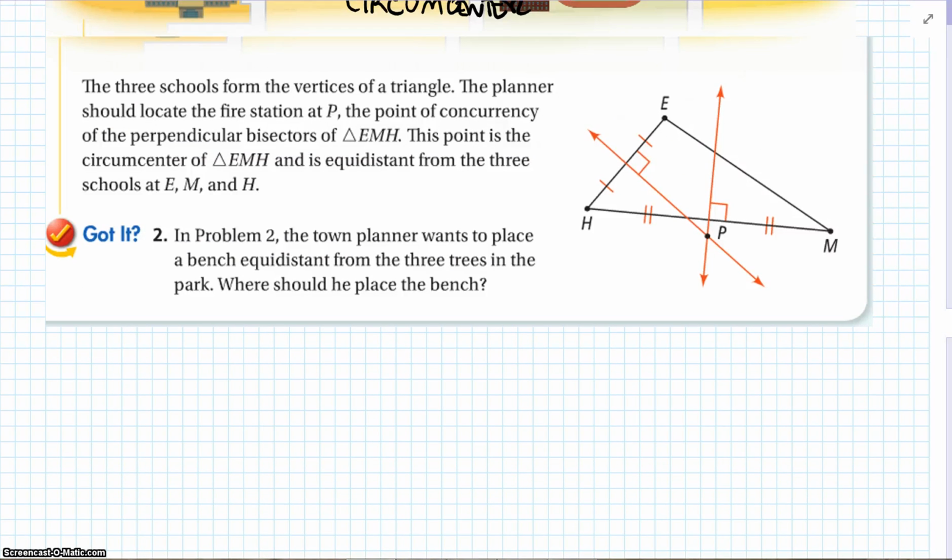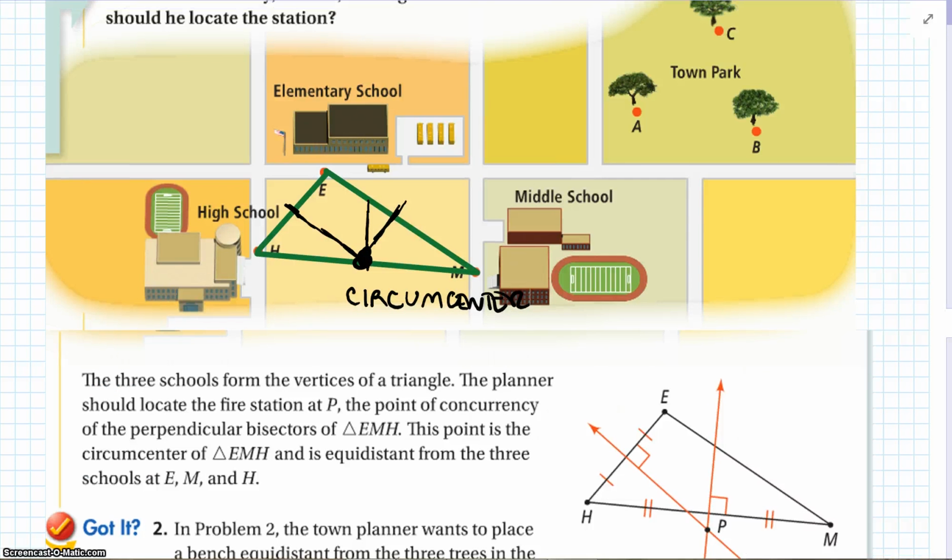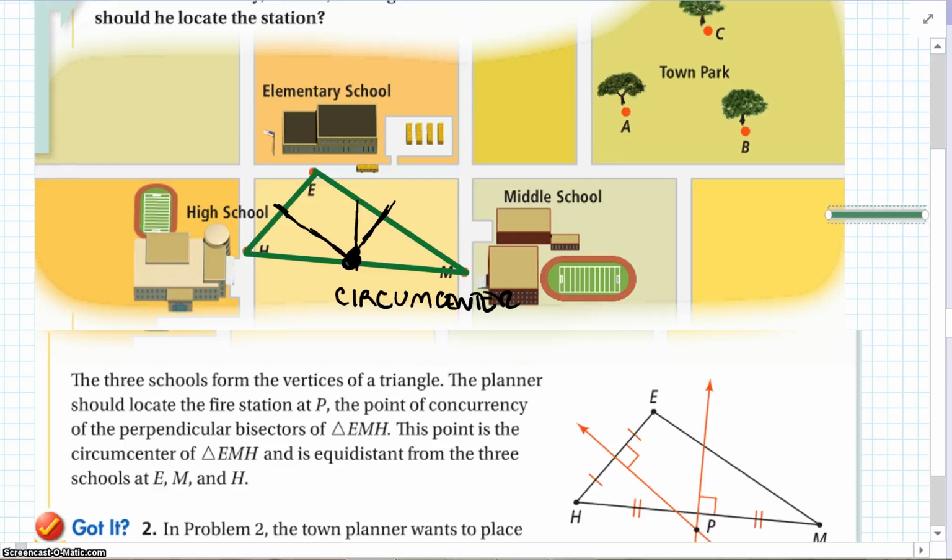All right, so in problem 2, the town planner wants to place a bench equidistant from the trees in the park. Where should he place the bench? Okay, so let's draw our triangle.